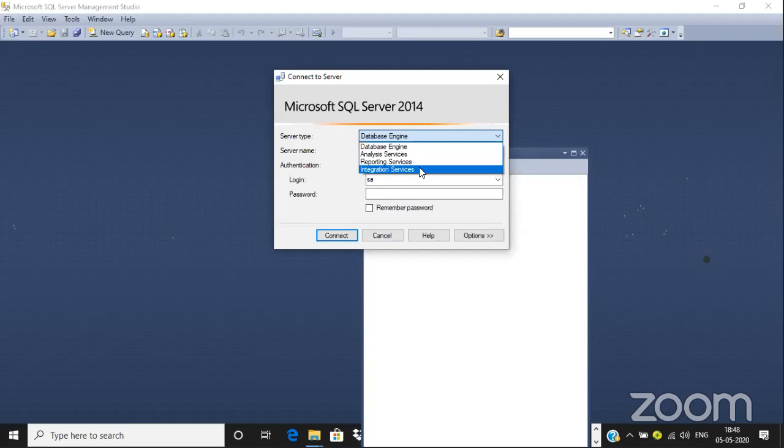Mostly MSBI developers and Power BI developers will learn SQL Server as SSIS, SQL Server Integration Services, SSAS, SQL Server Analysis Services, and SSRS, SQL Server Reporting Services. Data warehousing developers like MSBI developers, Power BI developers or SQL DBAs must have the knowledge of all these things.